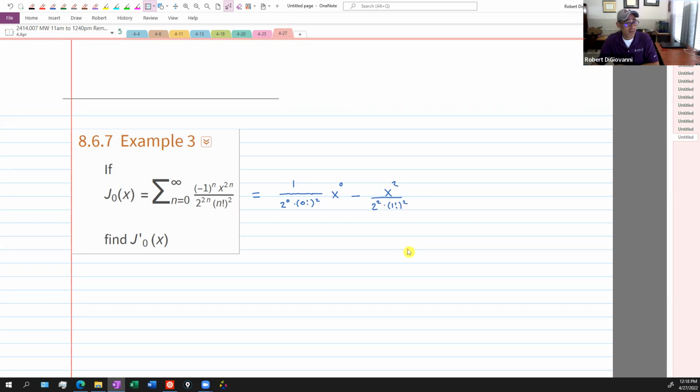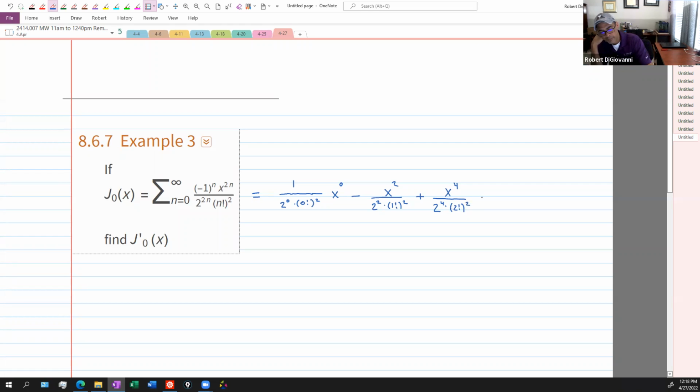Next one's going to be positive, right? Because I'm plugging in 2 for n now. So I get positive x to what power? We're at 4, right? X to the 4th over 2 to the 4th, 2 factorial squared.